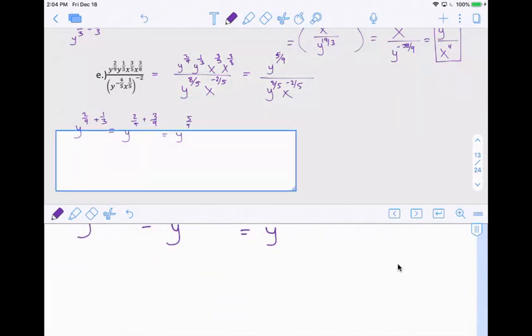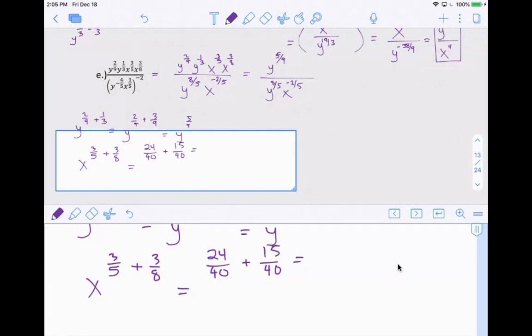Alrighty. Next up we have x to the 3/5 plus 3/8. Unfortunately, 5 and 8 don't have a lot in common. I'm thinking 40 is their first common multiple, which means I'm going to have to multiply by 8 on this side, 24, and 5 on that side, 15. We add those together, 39. Ooh, so close to 1.